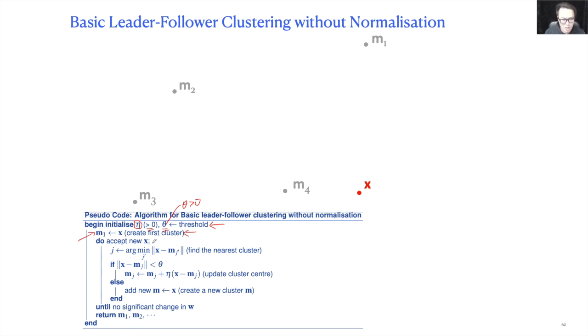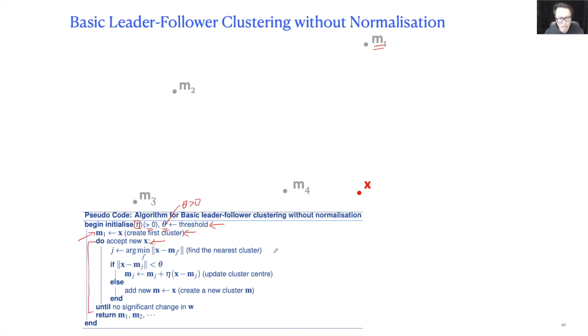Next, in the do-until loop, we take another sample, a new X. Assume that we have run this algorithm a few times, so we already have M1, M2, M3, M4.